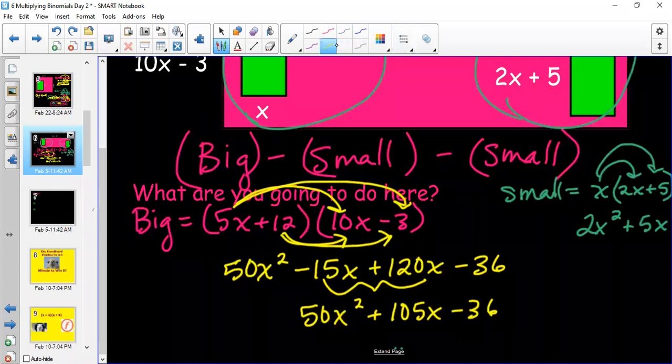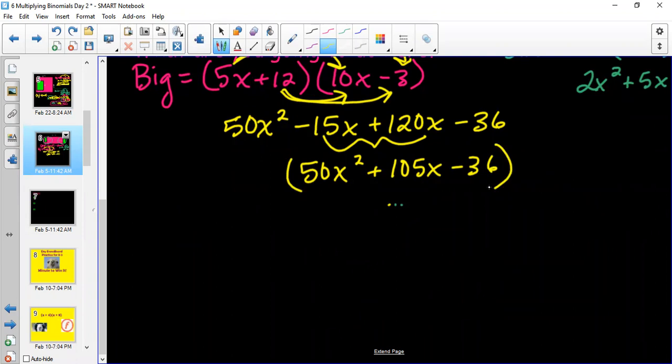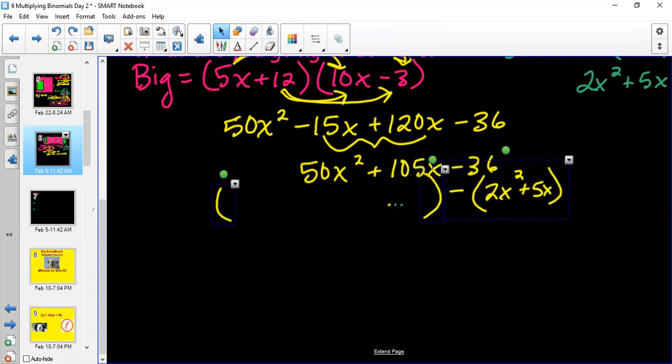All right, so we have our big, which is 50x squared plus 105x minus 36. And I'm going to subtract my small, not once, but twice. Let's see if I can move that all over so I don't have to rewrite it.